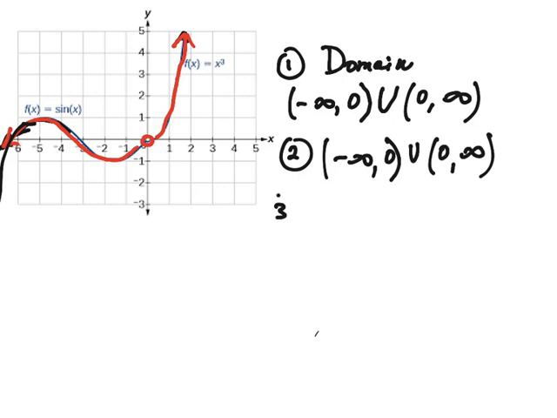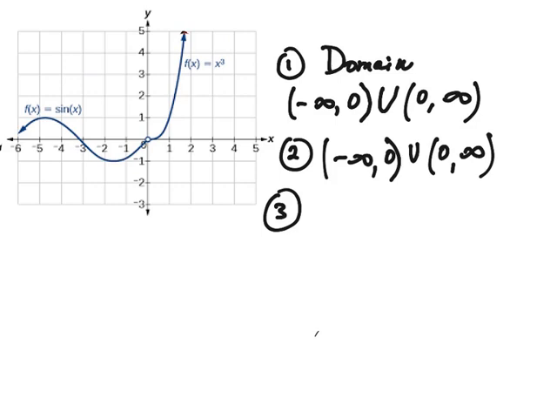Let's talk about the third case, where we have to mention all the zeros. If you remember, zeros are the x values for which f of x, or y, equals 0. So in other words, the points where your graph crosses the x-axis. So let's see.